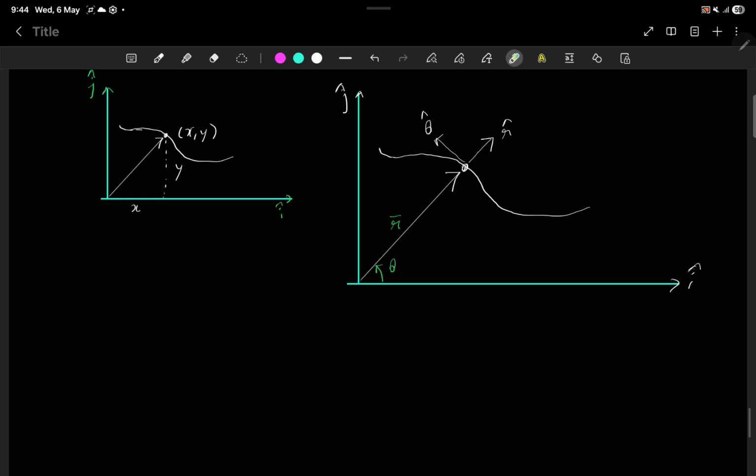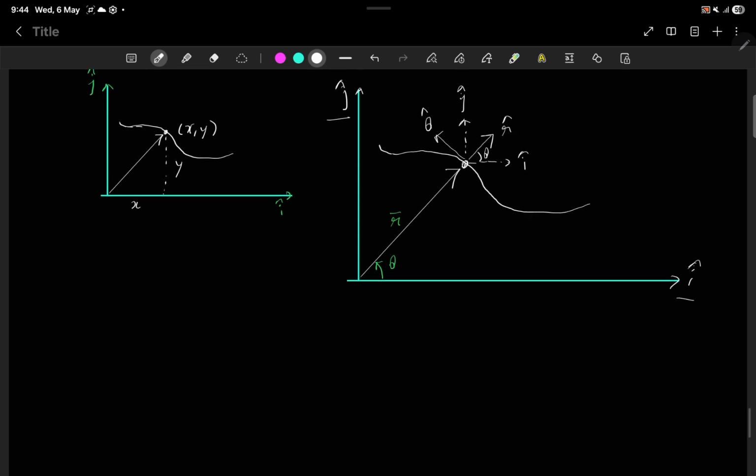I will try to derive the relation between these two directions and the xy directions. This is the j cap, this is the i cap, and this angle is theta. What can I write? If I put a perpendicular here, and define the magnitude as r, then this will be r sin theta and this will be r cos theta.